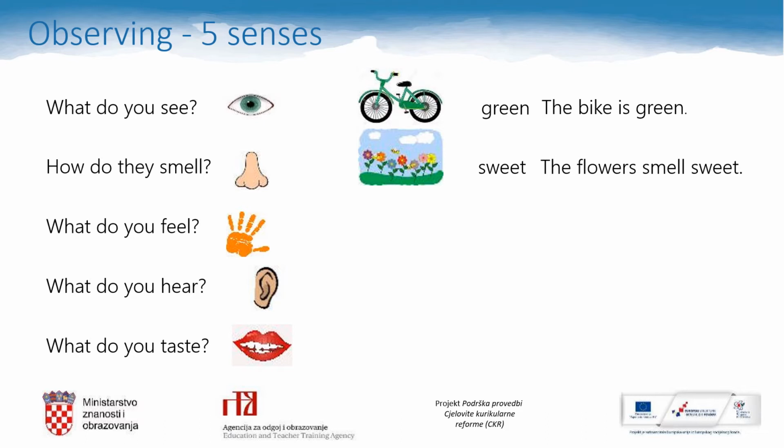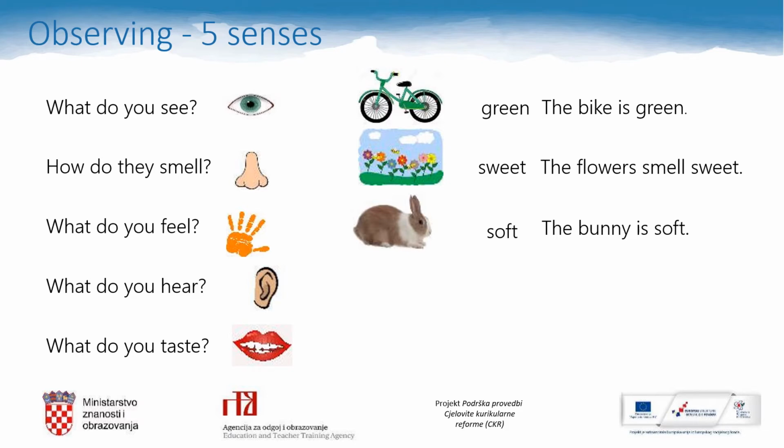Great. What do you feel? A cute little bunny. If you touch a bunny, what do you feel? Here is a word that can help you. What do you observe? The bunny is soft.